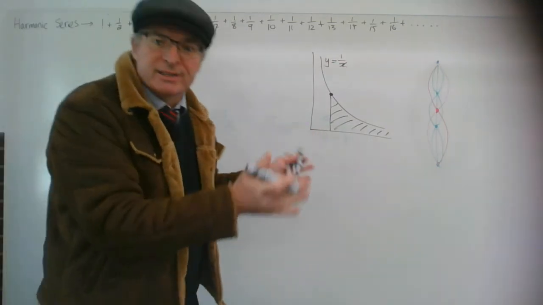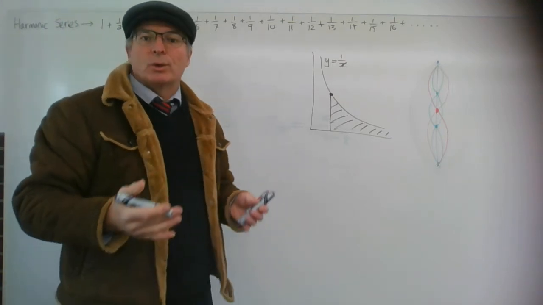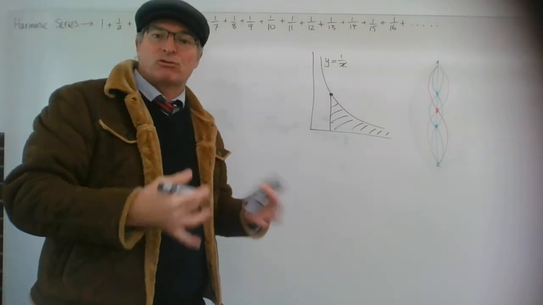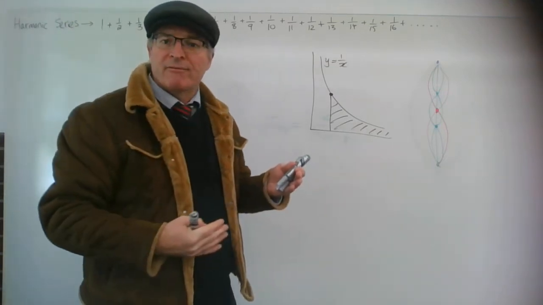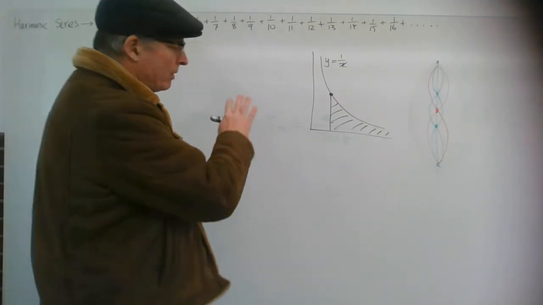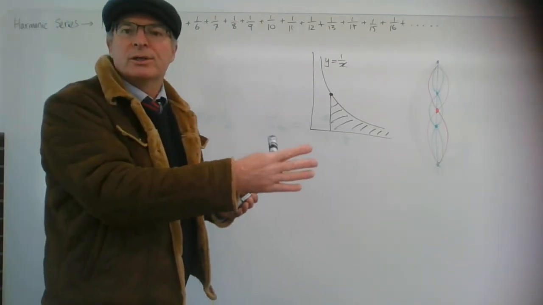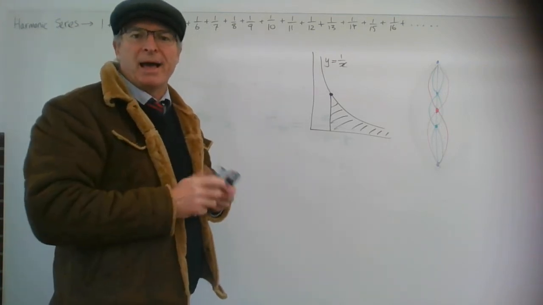The area just increases without bound. If you were to integrate, you would know that the integral of 1 on x is natural log of x. And as you go out there, there's always going to be a value for the natural log of x. So we're getting an area that unfolds more and more slowly, but it is actually increasing without bound.